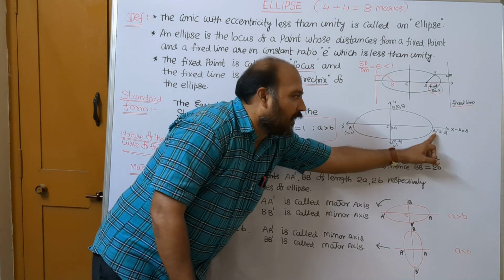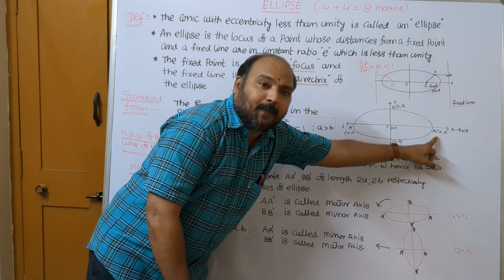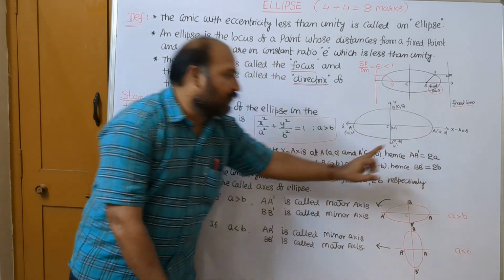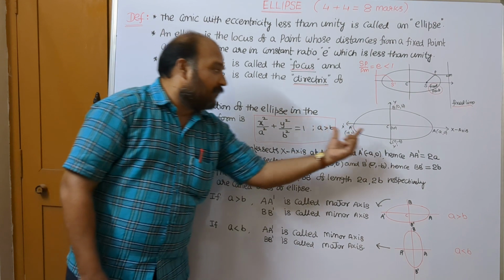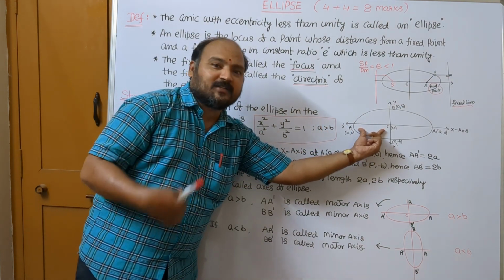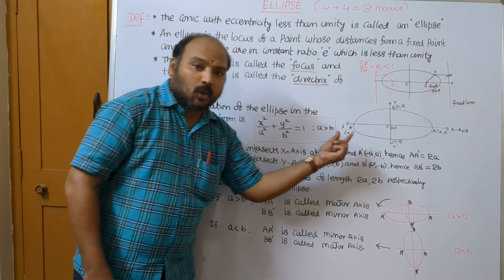From the center to point A, it is a distance of small a. So the coordinates of capital A are (a, 0), and capital A dash, which is on the left side of the center, means minus a units. So A dash is (minus a, 0).